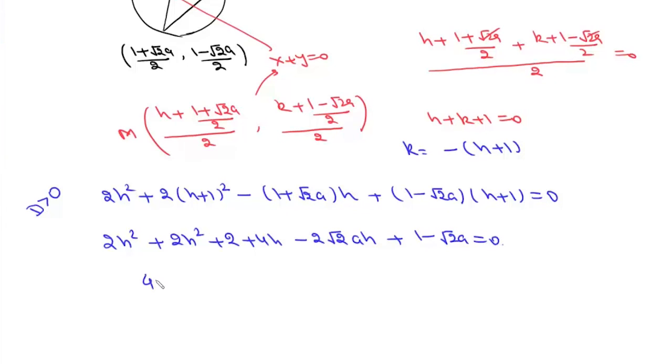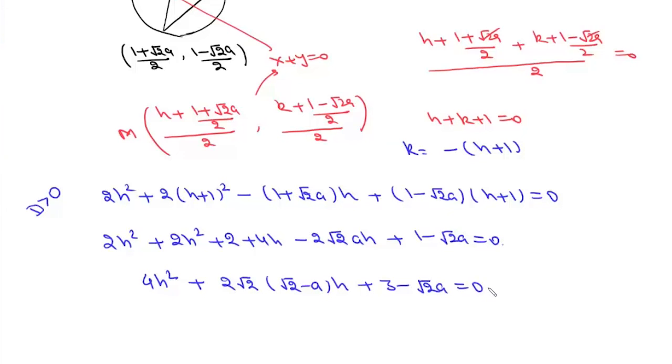So this is 4h square plus 2(root 2 minus a) h plus 3 minus root 2a equals 0.